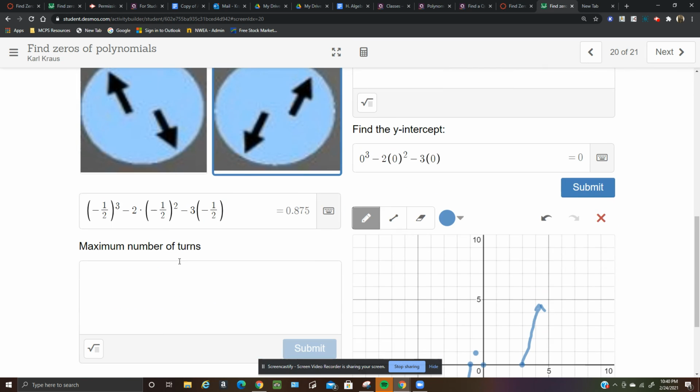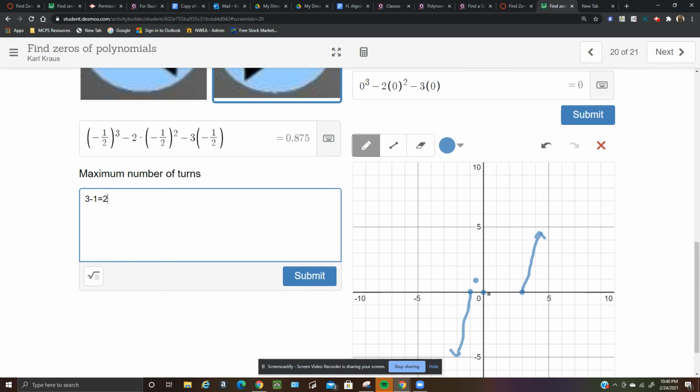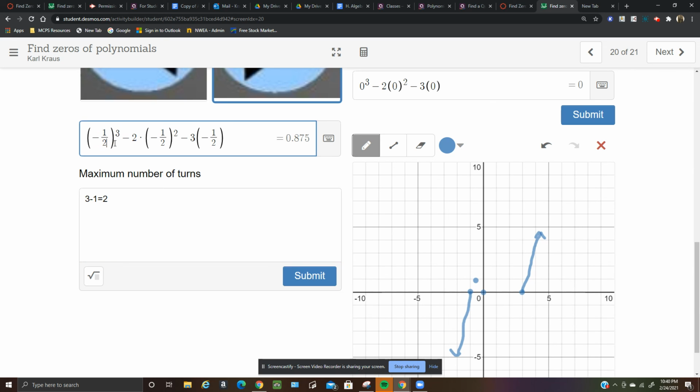And maximum number of turns, 3 minus 1 is 2. So halfway between 0 and 3 is 1.5. So we change this to 1.5 real quick here.